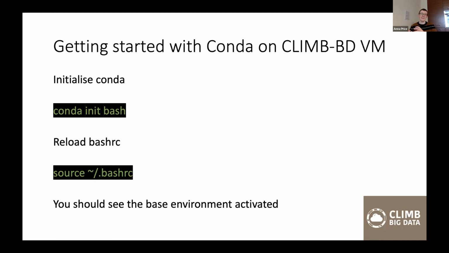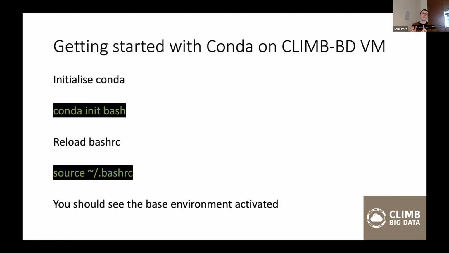Essentially, to initialize Conda, you have to run this command, conda init bash, which adds some information to your bashrc, which you then have to reload. That will allow you to use conda activate and conda deactivate for your environments.